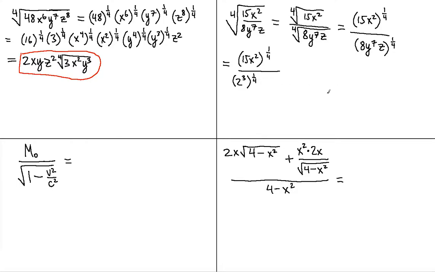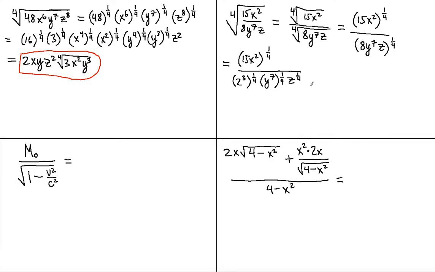And now what about the y? Well, let's write it first. Y to the 7th is raised to the 1/4 power. And then finally, z raised to the 1/4 power. Maybe I don't need parentheses for this, so I'm just going to write z to the 1/4 power.